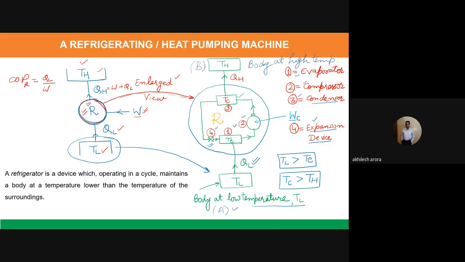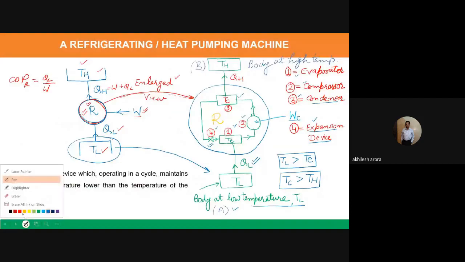One more thing you should know here is that in this case the temperature TL is greater than TE. If the low temperature is, say, minus 20 degrees Celsius, then this temperature has to be minus 25 degrees Celsius.